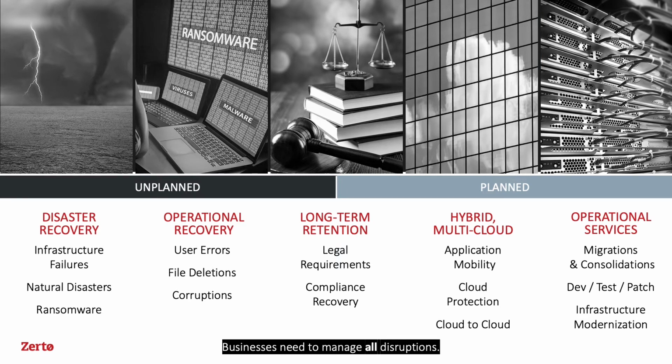That's why we like to classify the difference between unplanned and planned downtime, because one is a disruption and the other is something that is actually good for the business in the long run. When we think about unplanned, you have your true disaster scenarios, whether it's an actual natural disaster, your infrastructure has failed, you have outages, or even a severe ransomware attack.